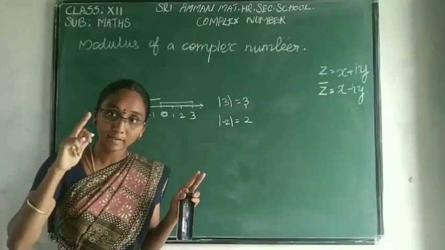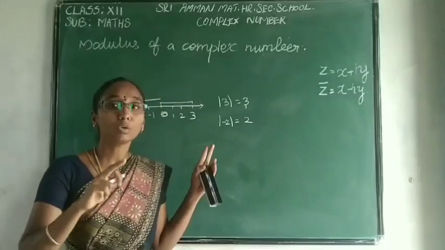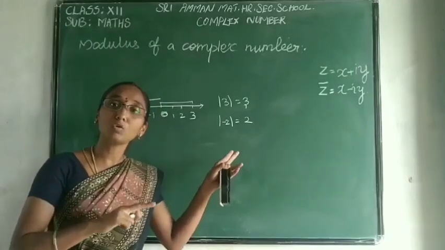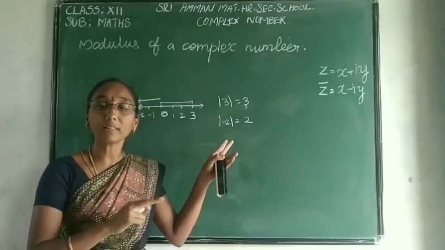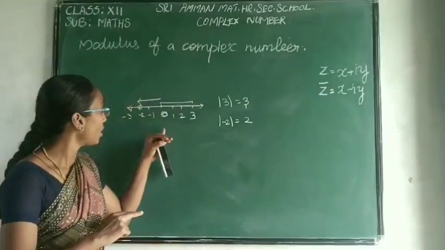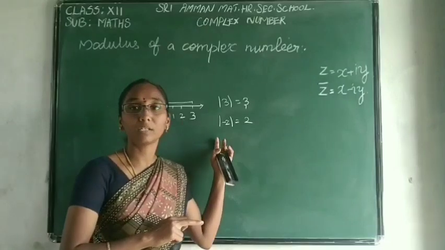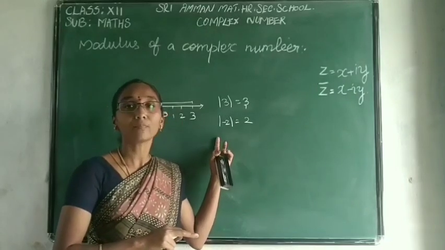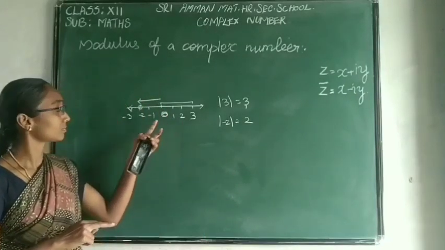In the real number system, the modulus or absolute value of a real number is the distance from the origin to that real number.